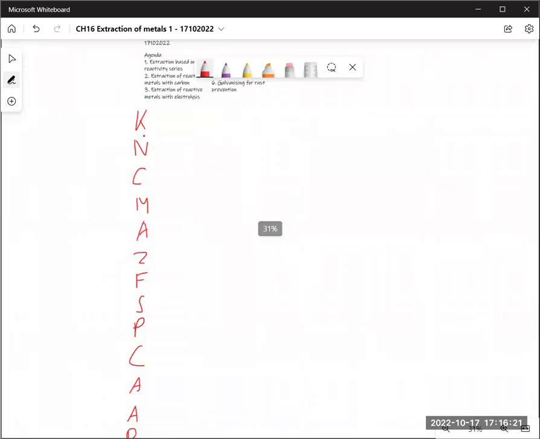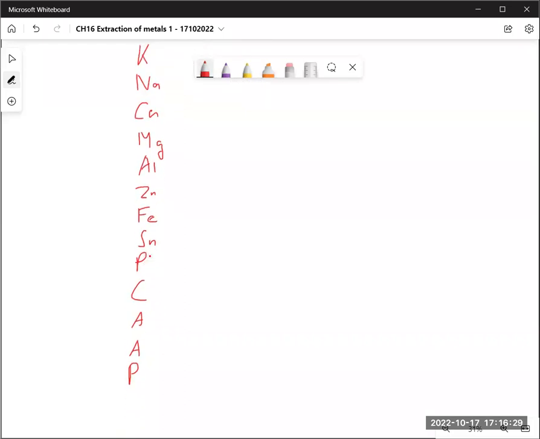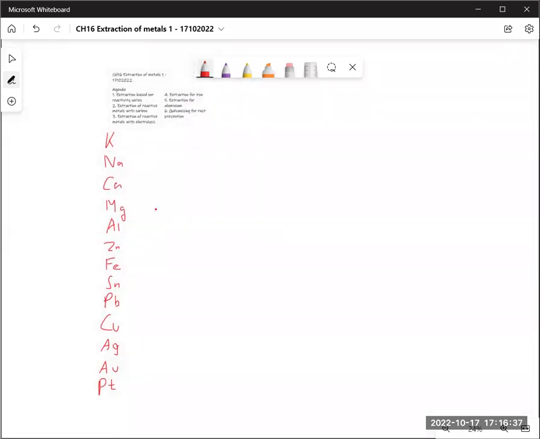Let's write the words here. So K, Na, calcium, magnesium, aluminium, zinc, iron, Sn, which is tin, then lead, then we have copper, then we have Ag, then we have Au, then Pt. This is the reactivity series.